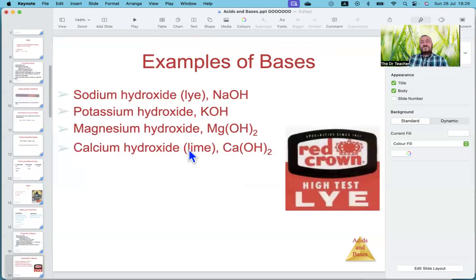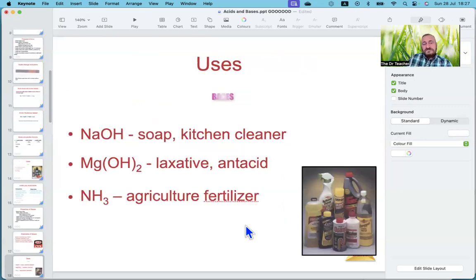Examples of bases: sodium hydroxide in lye, NaOH, potassium hydroxide for making shampoo, and here making soap. Magnesium hydroxide is this, and calcium hydroxide in the lime. So we can see some kinds of uses.